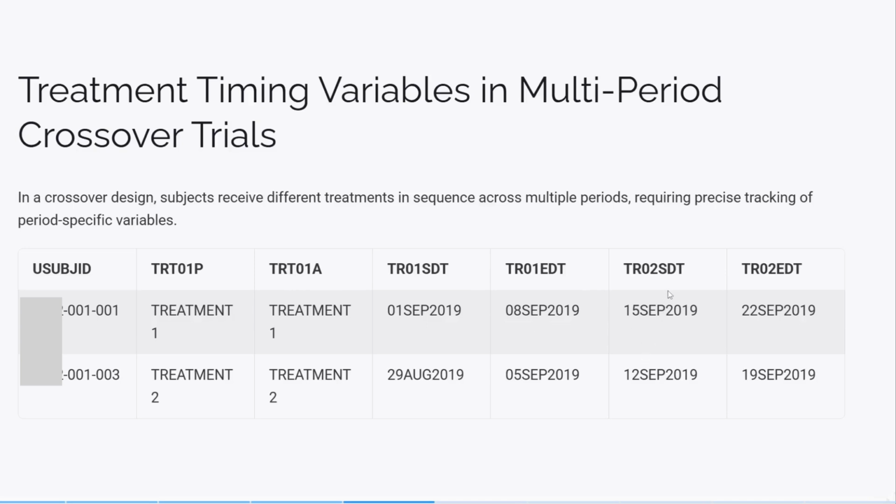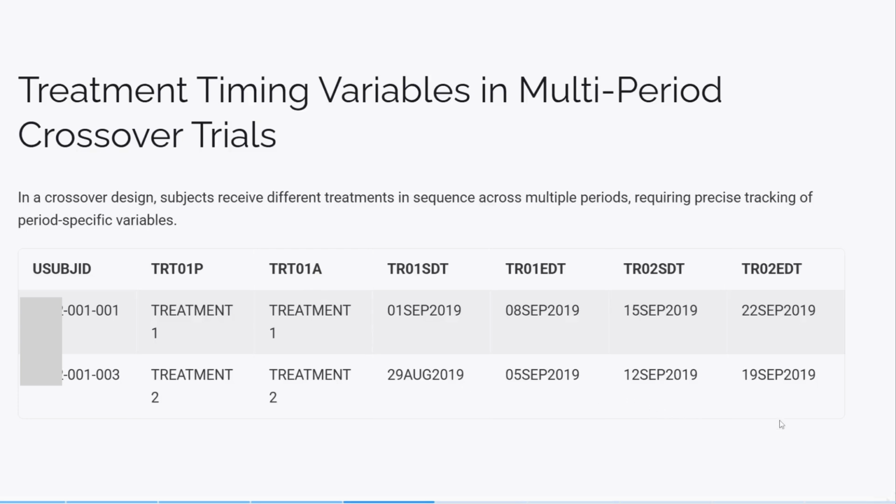When you come to period 2, the treatment started in September 2019, almost another week after, and it ended after 1 week. So for this subject 003, treatment 2 has been given both as planned and as actually given, and this also has different timings.